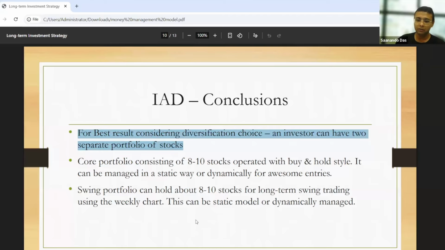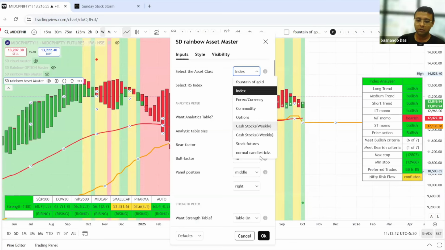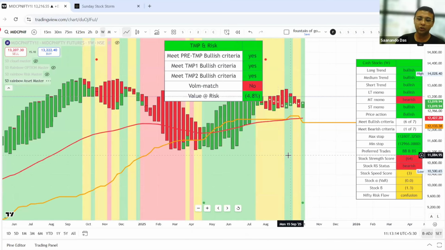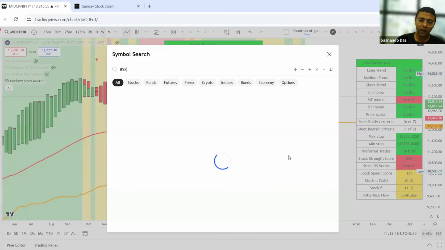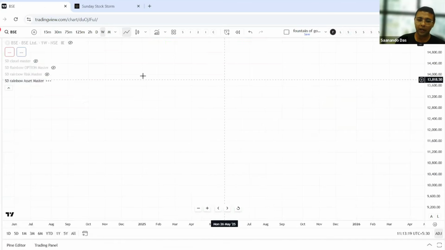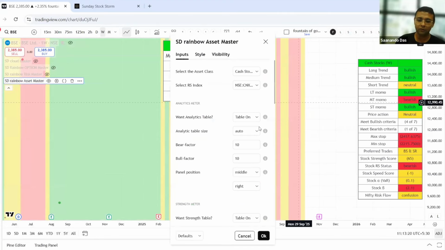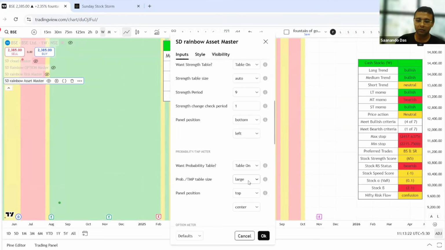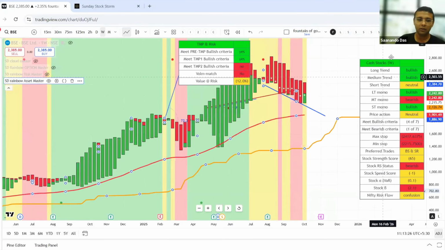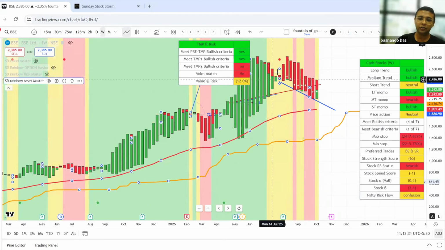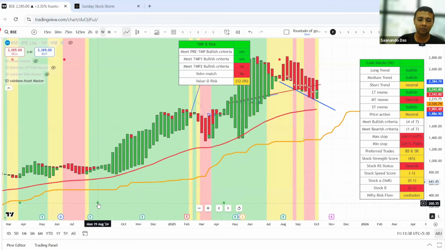Weekly chart, like I have chosen such a stock as Bombay Stock Exchange. I'll now reduce the size of the meter, adjust the chart. Like Bombay Stock Exchange, I want to buy this stock and keep it in my portfolio, and I'm choosing to buy the stock whenever I'm getting a buy signal.